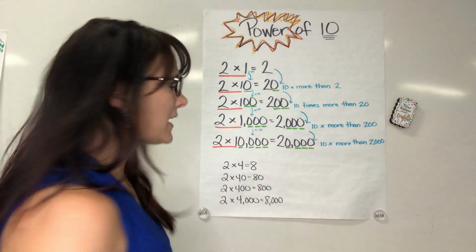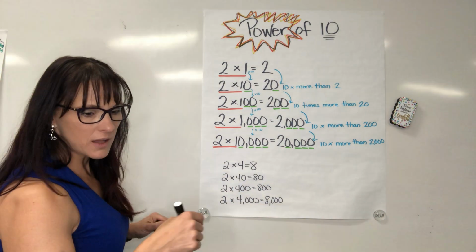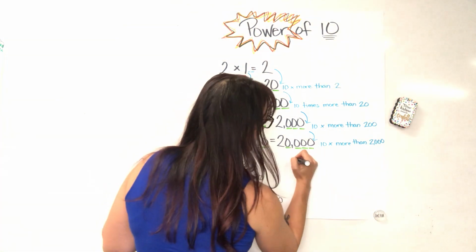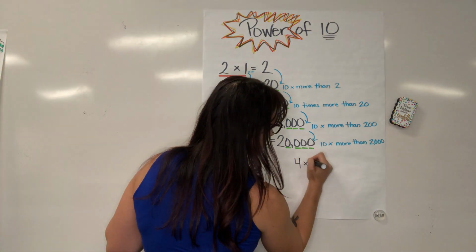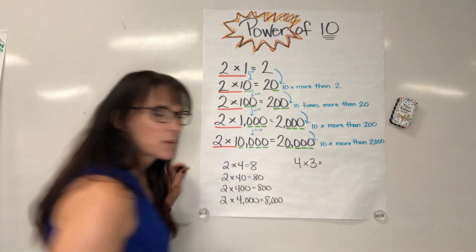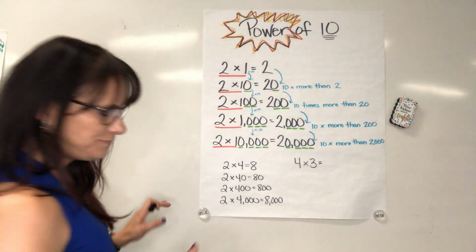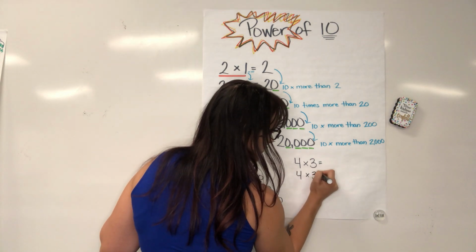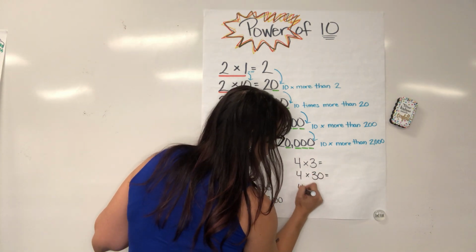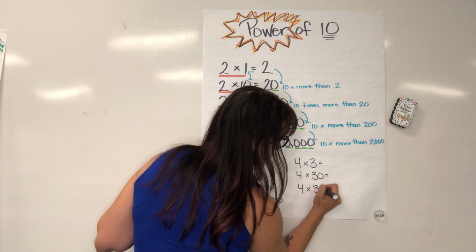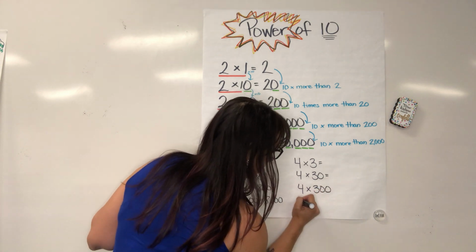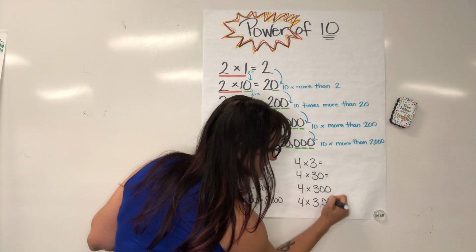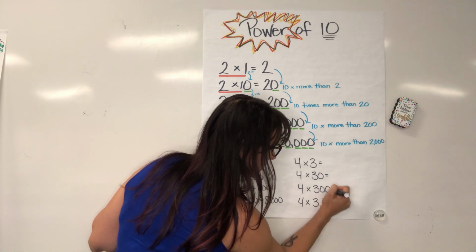Bonus points. Okay, so let's move on to our last set of numbers, our last string, and we're gonna go with 4 groups of 3. So we're gonna look at 4 groups of 3, and then we're gonna move that to 4 groups of 30, then 4 groups of 300, and for sake of space, I'm gonna stop at 4 groups of 3,000.